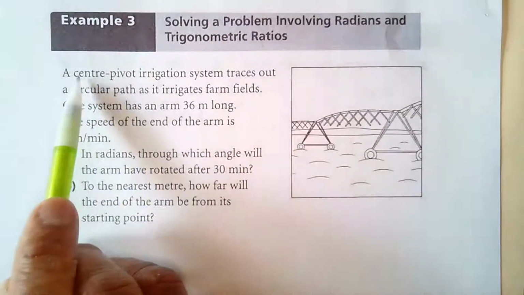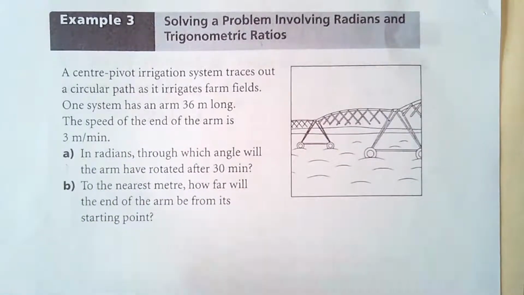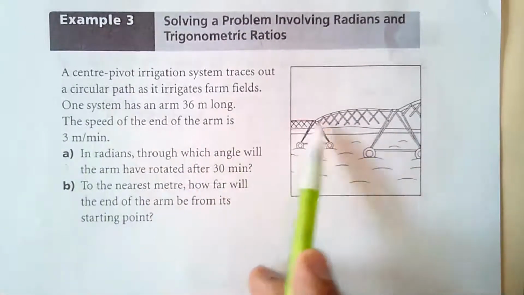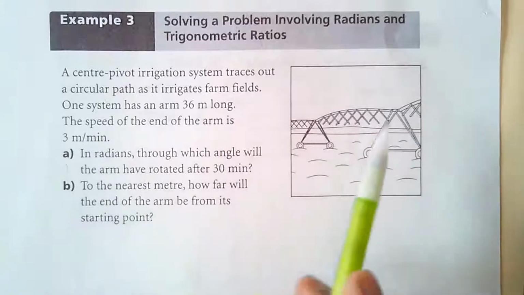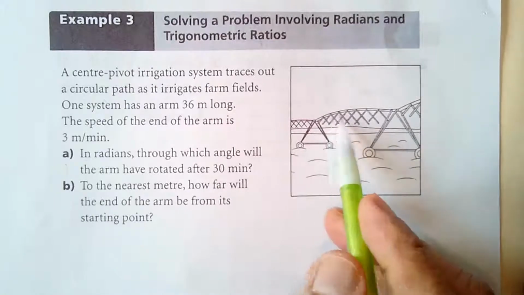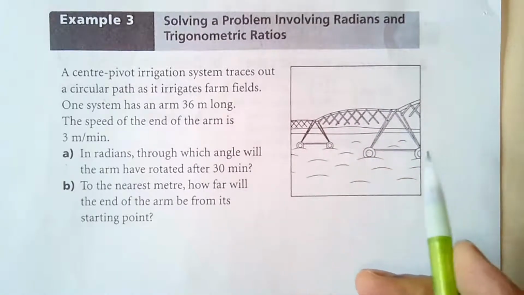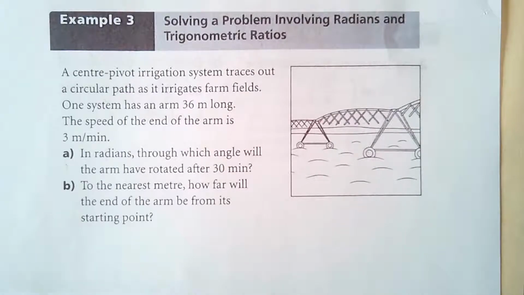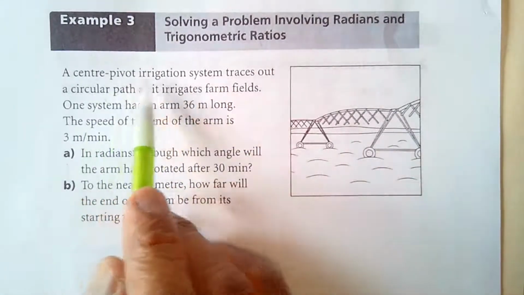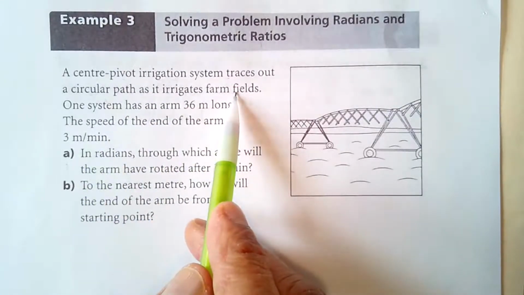A center pivot irrigation system traces out a circular path. It's just an illustration of this. You might have seen this during the summertime on farmers' fields. These are on wheels and they move, and a robot controls them. So a center pivot irrigation system traces out a circular path and it irrigates farm fields.